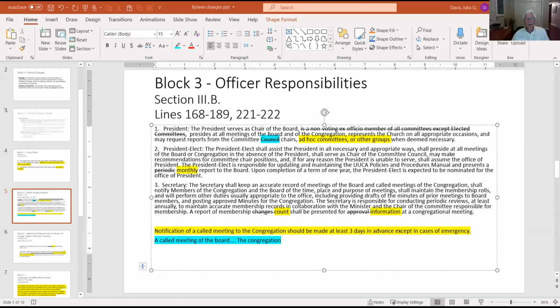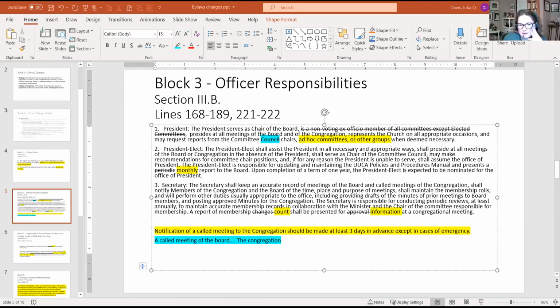Let me comment on the first thing about the committee chairs. I think striking council makes it clear, because in fact the president can request a report from any committee, whether they happen to be part of the council or an ad hoc committee or whatever. So just leaving it as committee chairs makes it fine.